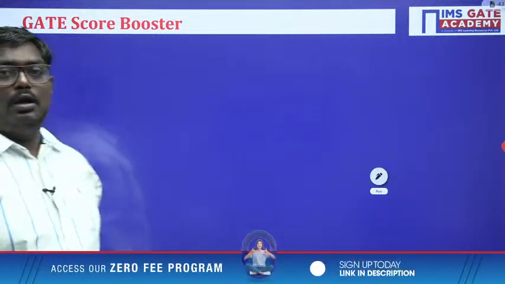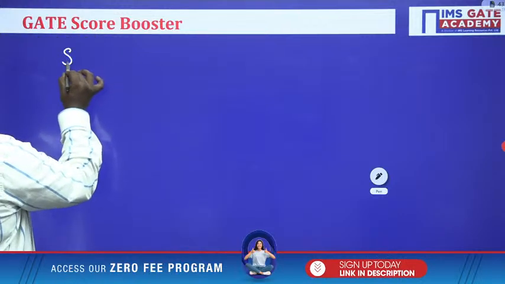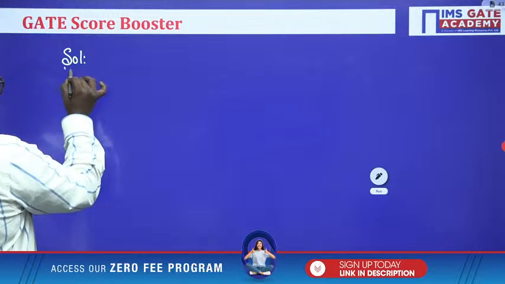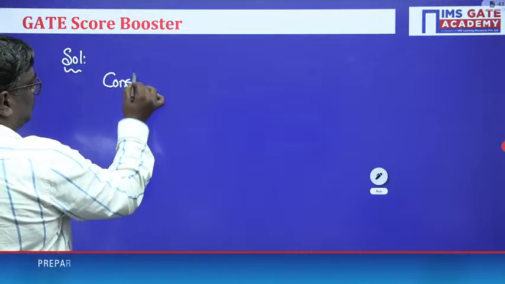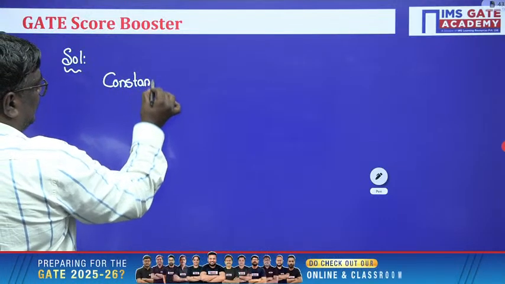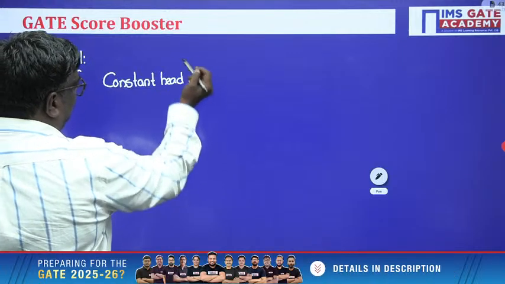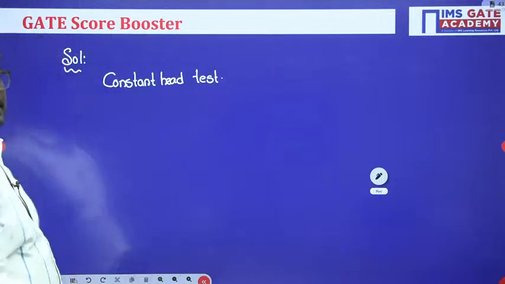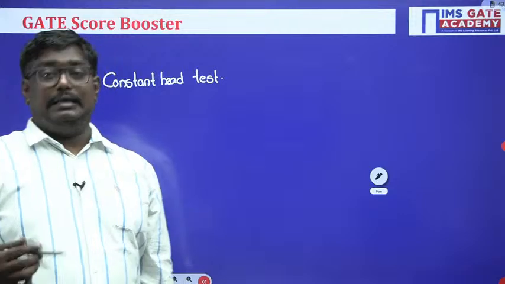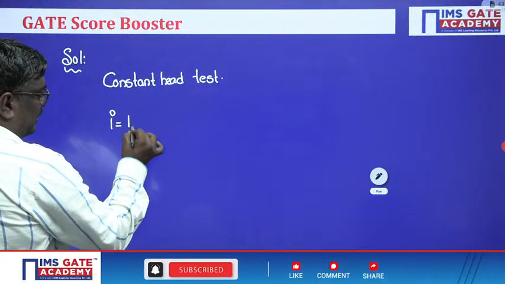Okay. Now see, students, let us solve this question. First of all, it is a constant head test. In the name itself, the head is kept constant. Now first of all, you should understand what is i. i is nothing but the hydraulic gradient.